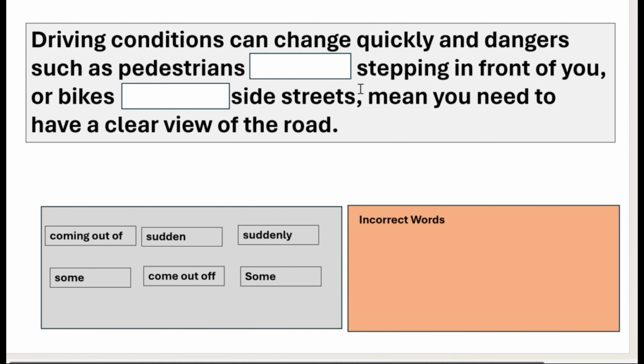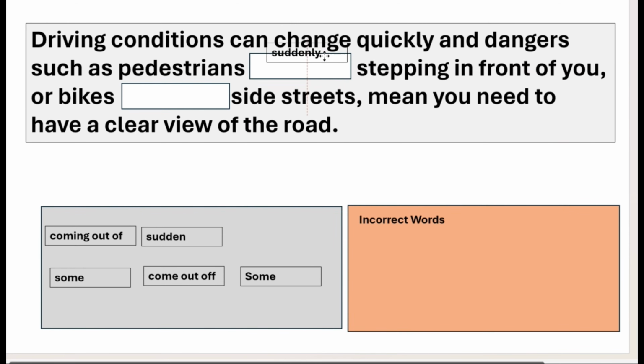So if there is already a verb, we can't put any other verb there. And if I say some stepping in front of you, it doesn't make any sense. So it could be sudden or suddenly. If I put there a pedestrian sudden stepping in front of you, it doesn't look good, or it doesn't have any meaning, because we know sudden doesn't fit there, so we will put suddenly.